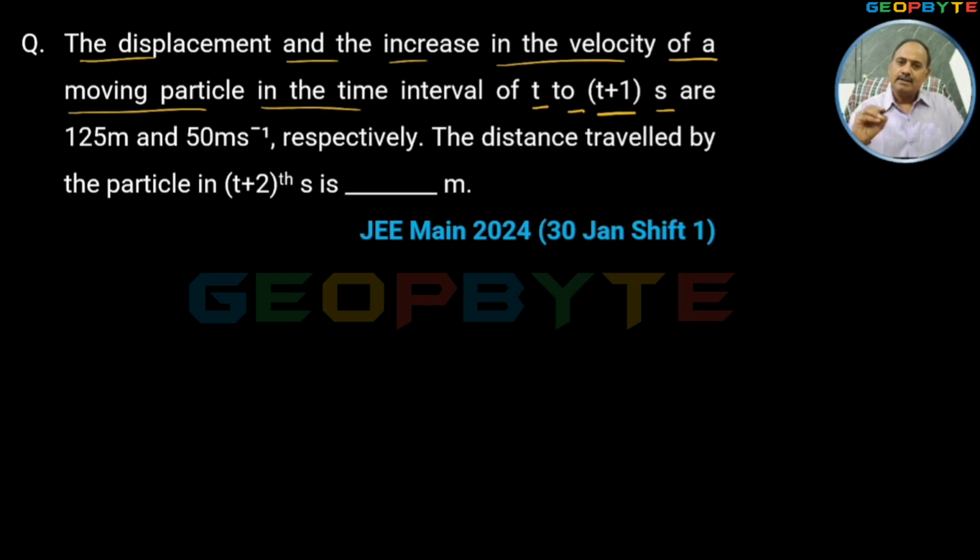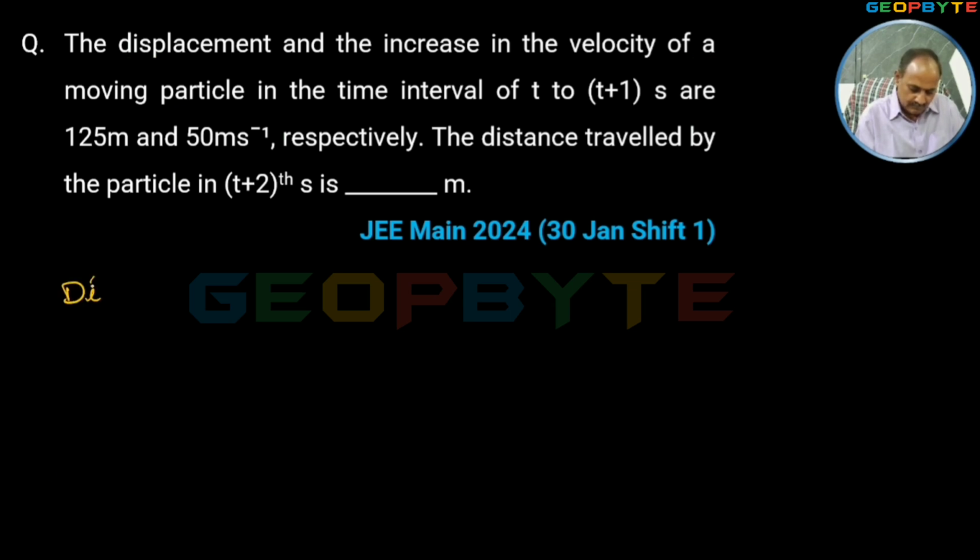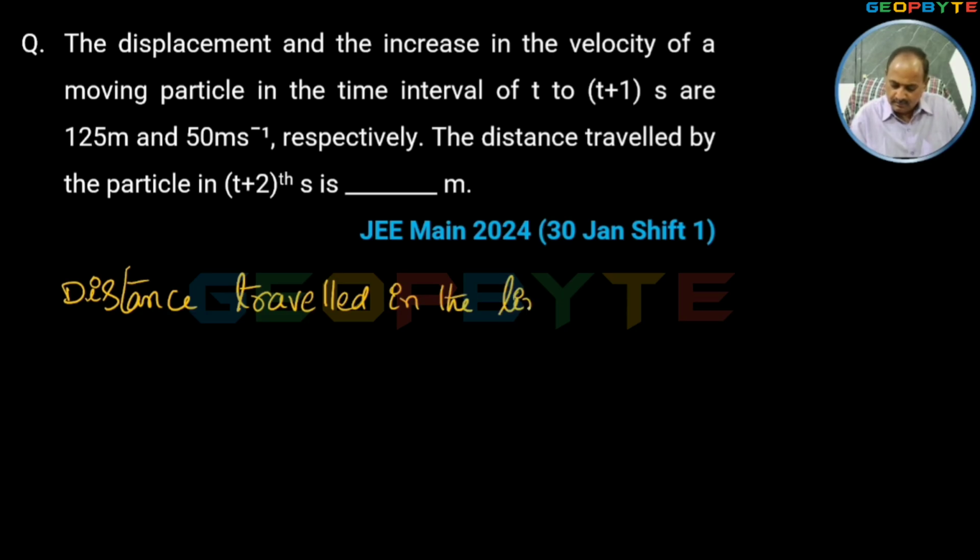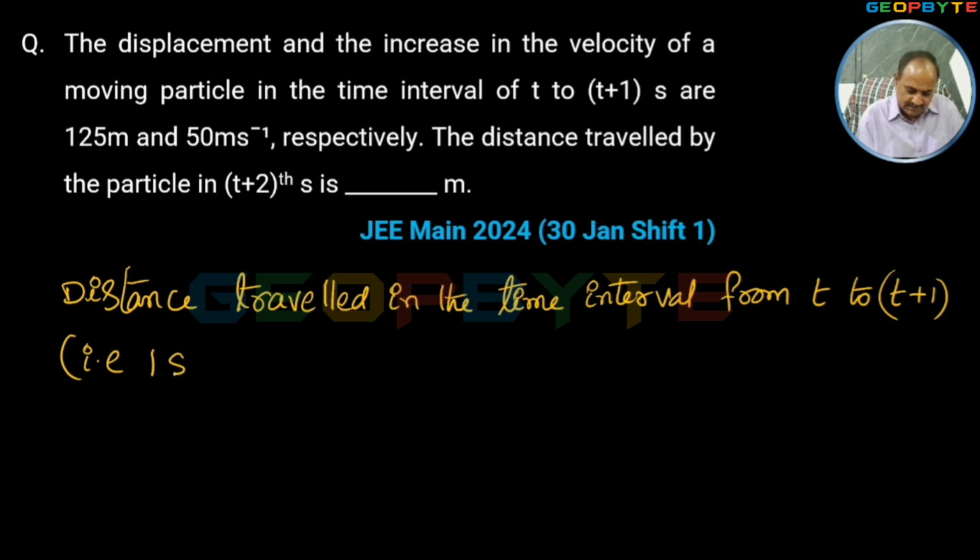The time interval from t to t plus 1 second means 1 second only, are 125 meters and 50 meters. 125 means distance traveled in the time interval from t second to t plus 1 second, that is 1 second, is 125 meters. Increase in velocity, not acceleration.